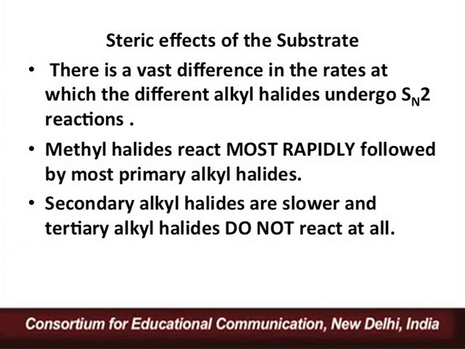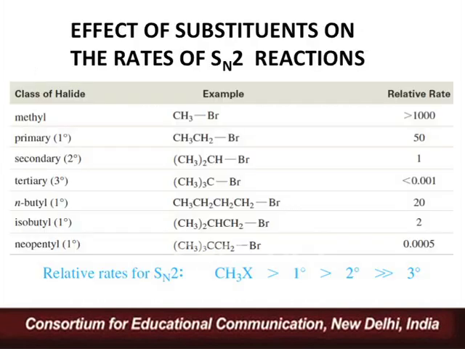Now there are vast differences in the rates at which different alkyl halides undergo SN2 reactions. Methyl halides react most rapidly, followed by most primary alkyl halides. Secondary alkyl halides are slower, and tertiary alkyl halides do not react at all.